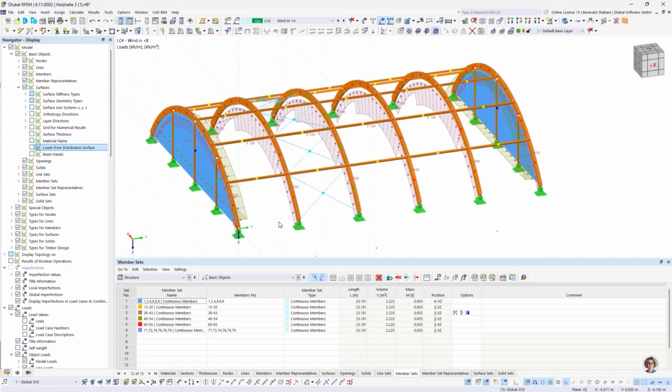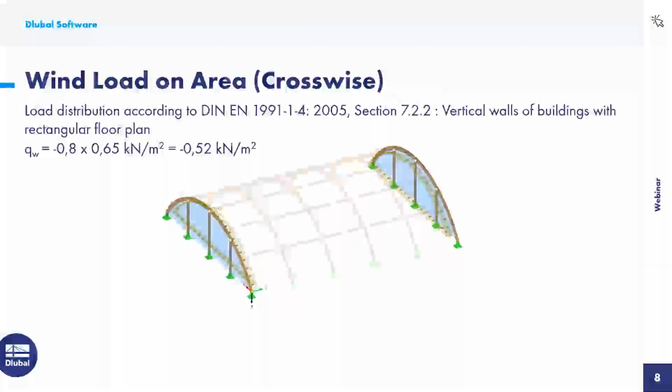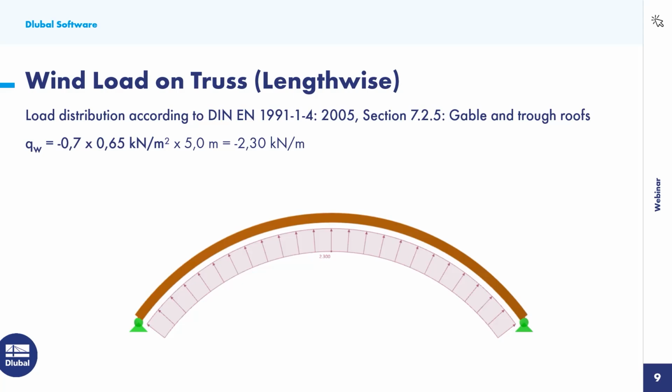The next thing to do is to apply the wind load in the Y direction, like in the other direction. To do that, I would first like to go again to our PowerPoint. For this type of load, there is nothing in the standards, or I didn't find anything, but in principle for gable and trough roofs, according to DIN 1991-1-4, section 7.2.5, there are cp values for wind in the longitudinal direction, also in Y direction.